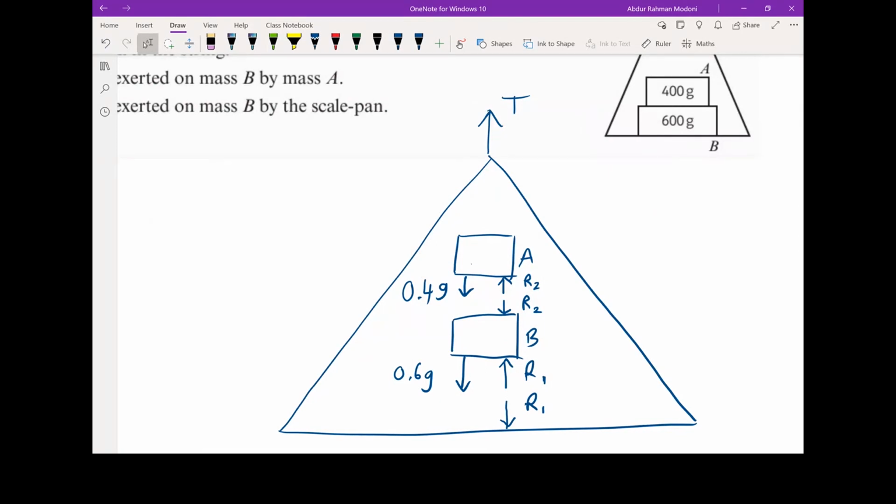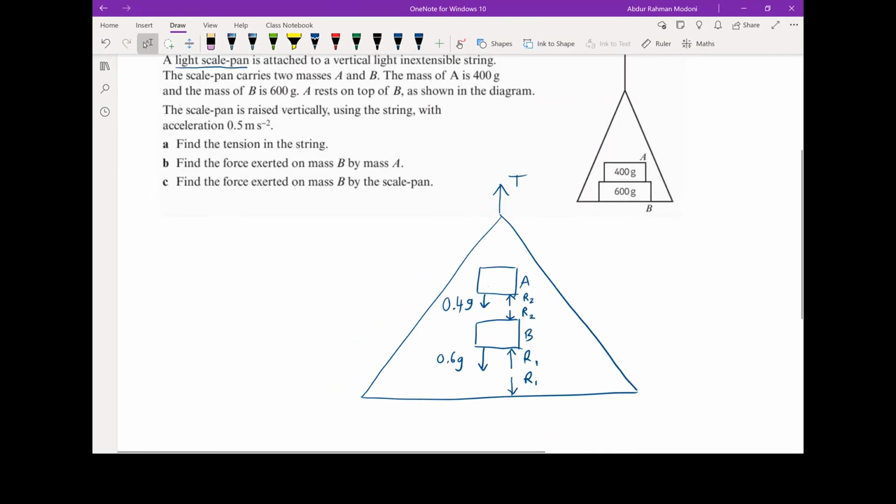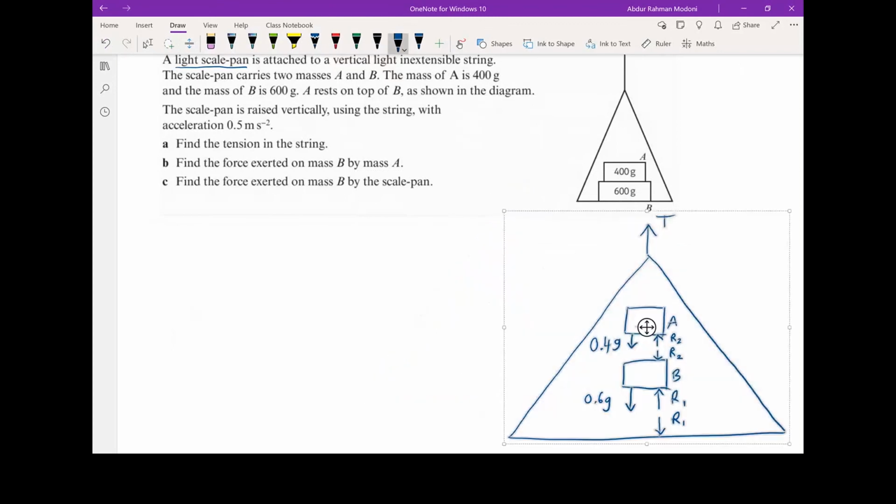So now we're in a position to go and apply Newton's second law to solve the question. Let's take a look at applying Newton's second law, and look at part A. Part A is asking us to find the tension in the string.